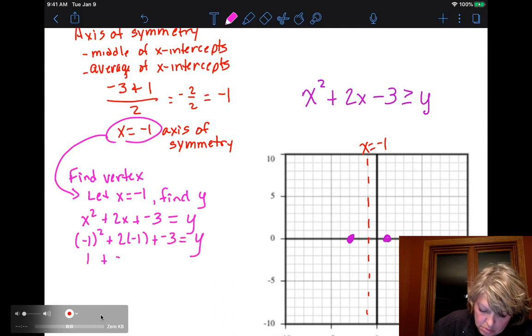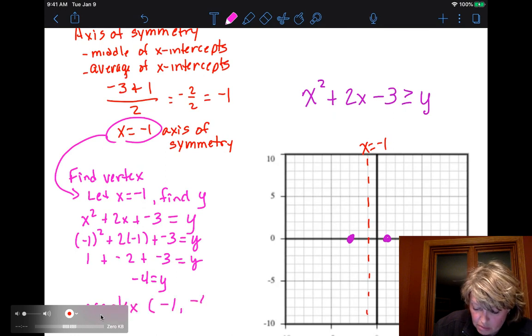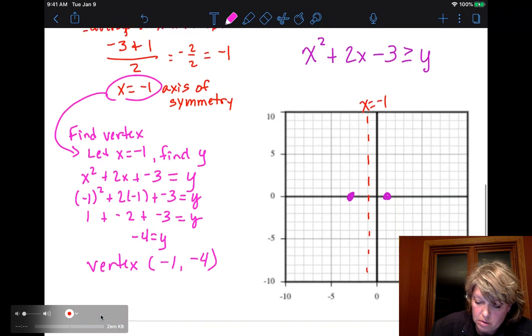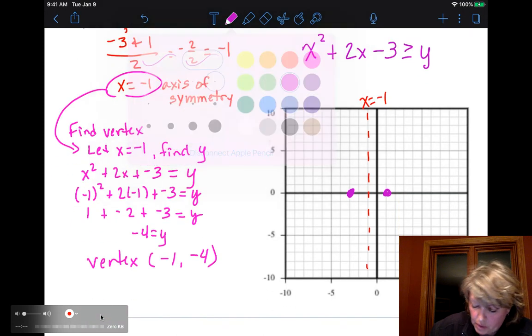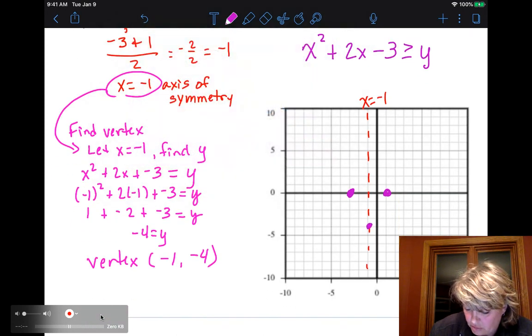So 1 plus negative 2 plus negative 3 equals y. So negative 1 plus 3 would be negative 4, equals y. I now know that my vertex is at, remember the x was negative 1, and now my y is negative 4. So now I can go back to purple, and I can graph negative 1, negative 4.